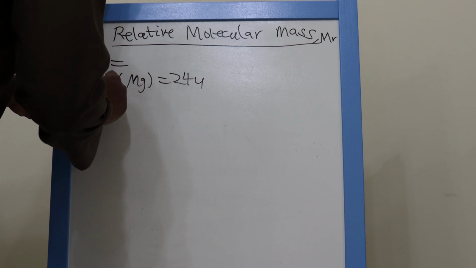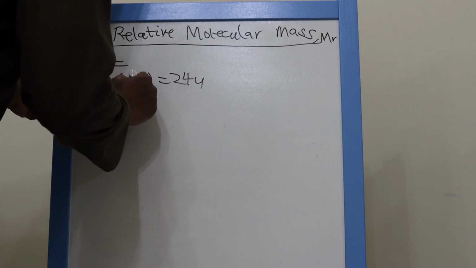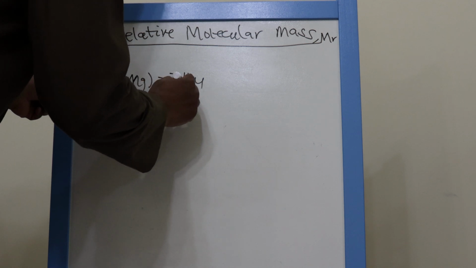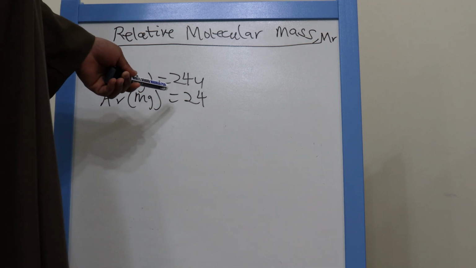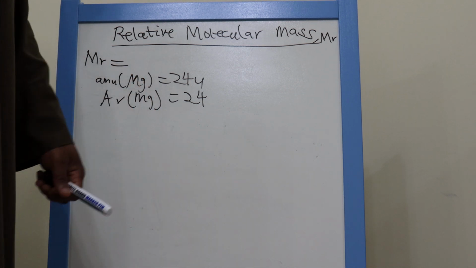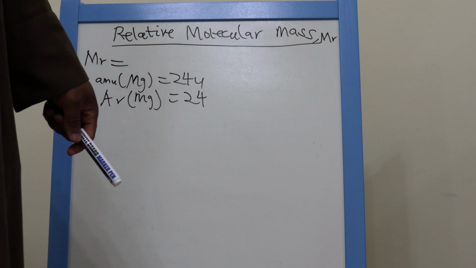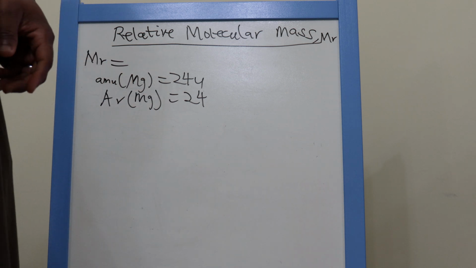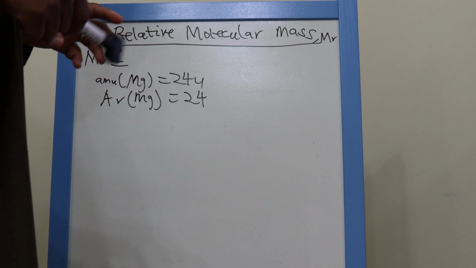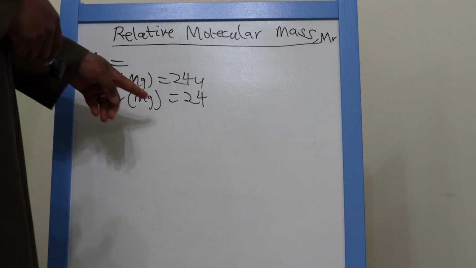And the relative atomic mass of magnesium obviously is 24, but in my writing I wrote 12. This is the correction. It was a slip of the marker that I wrote 12, but it wasn't 12. So that was the correction I want to make.